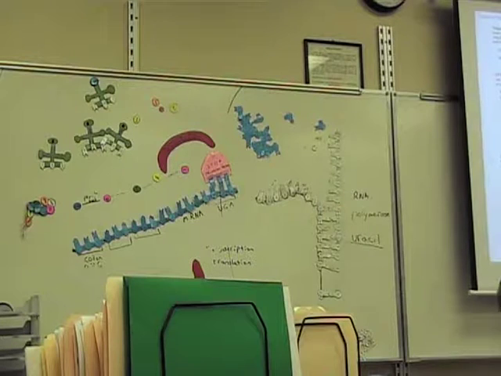A lot of cells in your body are specialized just to make one type of protein over and over again. For instance, your stomach has a digestive enzyme that its cells create called pepsin, and it releases it into your stomach. So most of the cells in your stomach are just constantly making pepsin, one protein, and squirting it out in the middle of your stomach so you can digest your food.